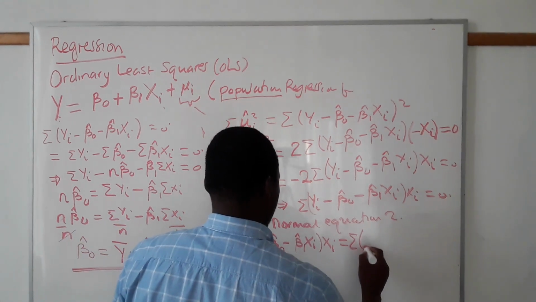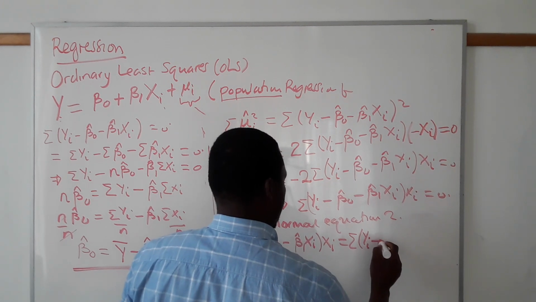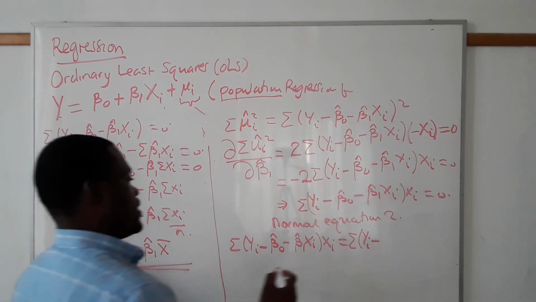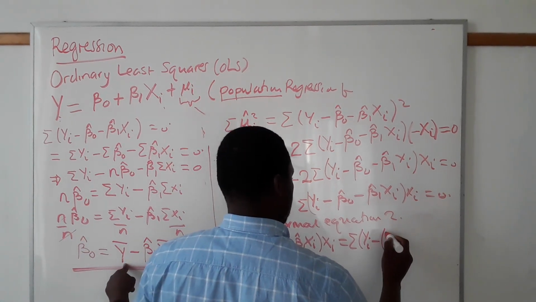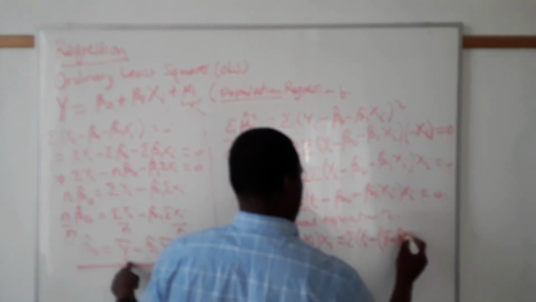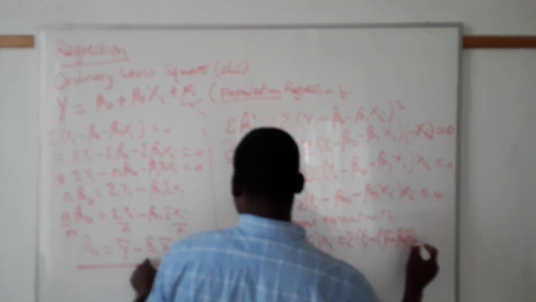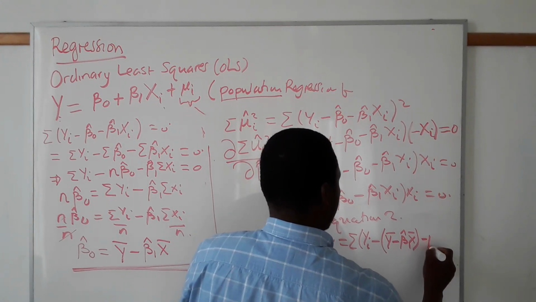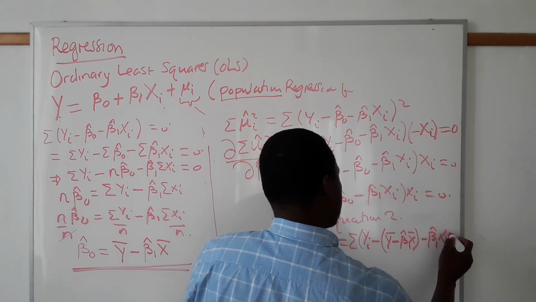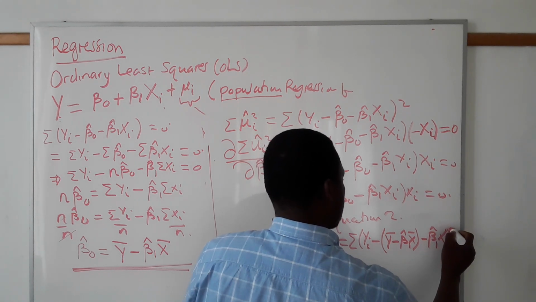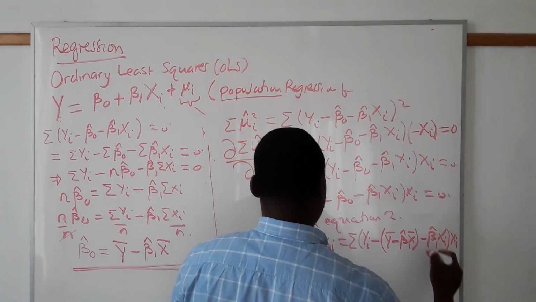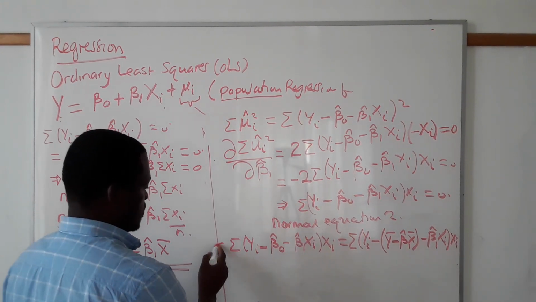So then it means our sum of yi minus beta hat 0 minus beta hat 1 xi, times xi, can be rewritten as the sum of yi minus, let me first use a bracket so that you can see what I'm doing, y bar minus beta hat 1 x bar, right, then minus beta 1 hat xi, everything times xi, and this should be set equal to 0.